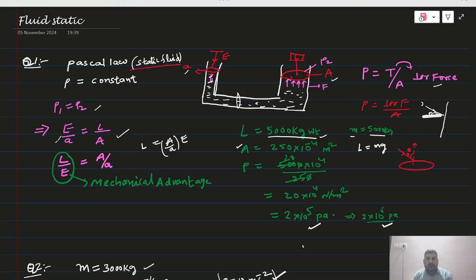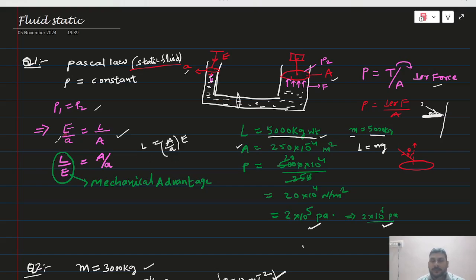By using a small effort, you can lift more weight. Unloading luggage from lorries, and sand and stones from tractors, in olden days took a lot of time and involved manpower. But now when the lift came, it became very easy. There are many applications of Pascal's law in daily life, very useful, and it is applicable only for fluid in the static state.